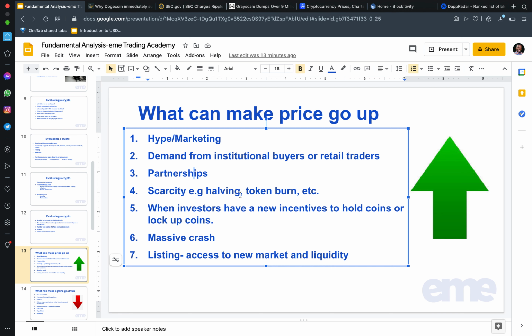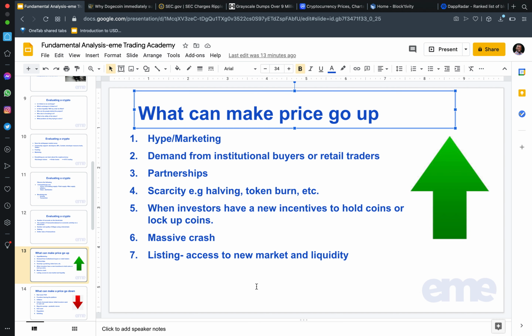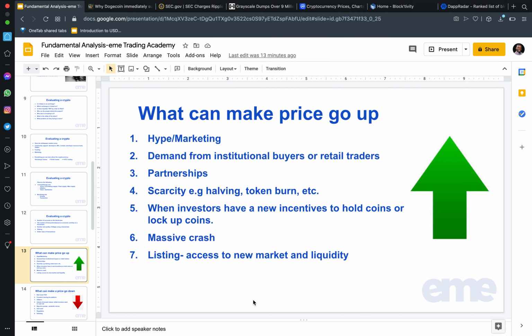Right, when there's a massive crash, all right, now as long as the project is a valid project that is not a scam coin or a shit coin, whenever there's a massive crash, really massive, what usually happens is a bounce back. The price will retrace. There's going to be a trend reversal at some point.